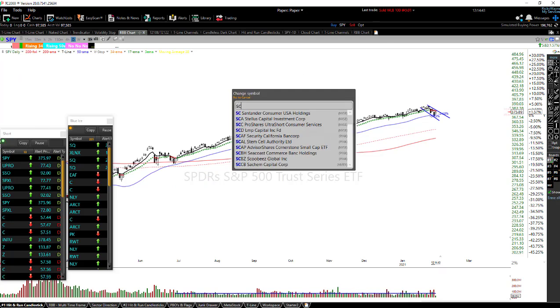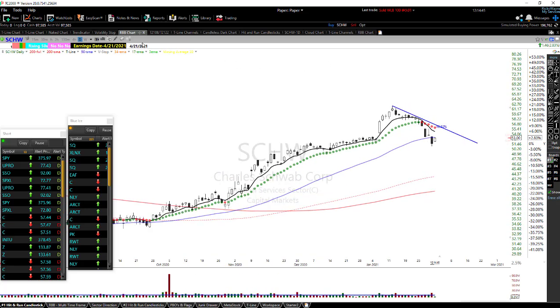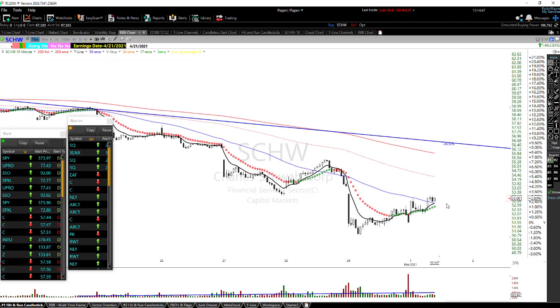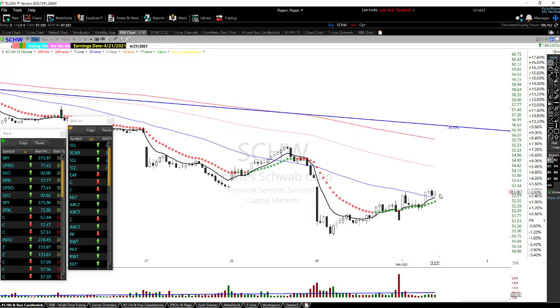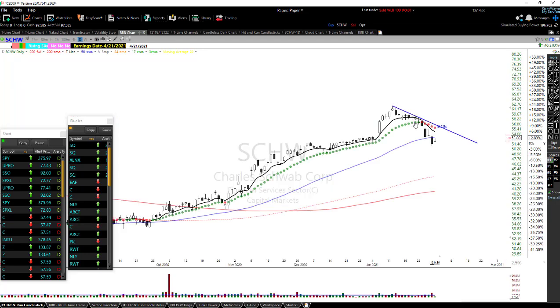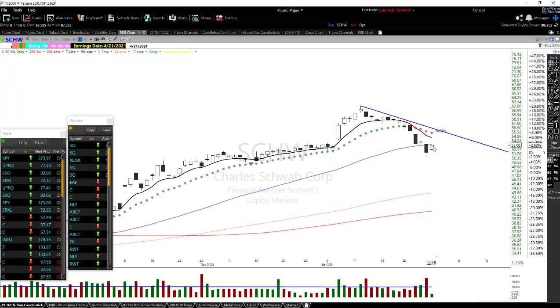Let's see, SCHW 15-minute chart. It's trying to come up. The 15-minute chart is just showing what it's doing today. It's trying to move up, but unless it gets somewhere, it's still a short right here.